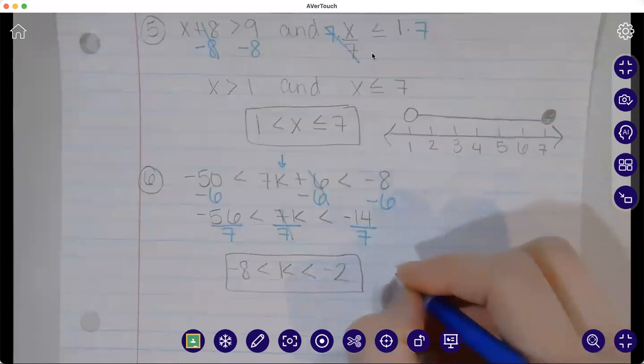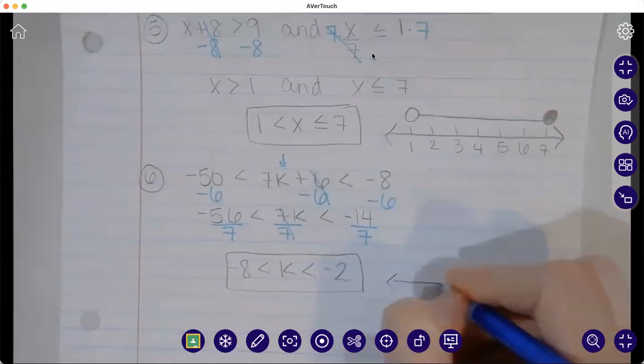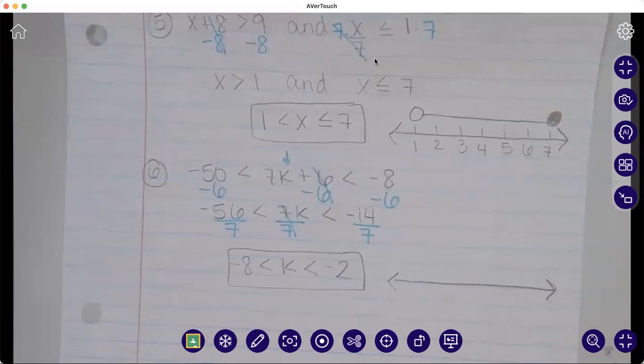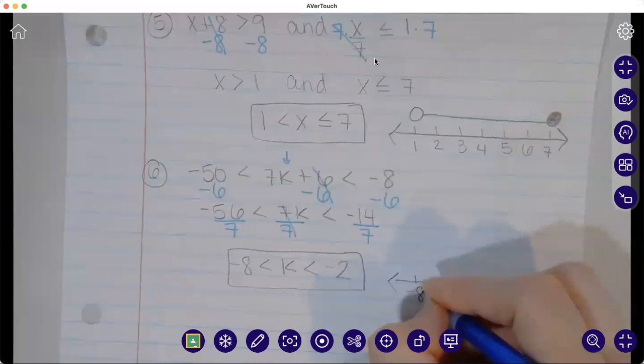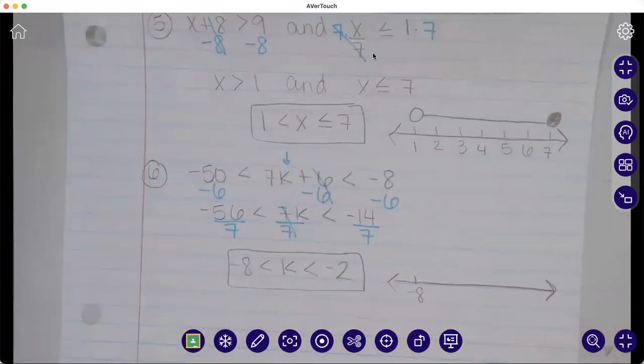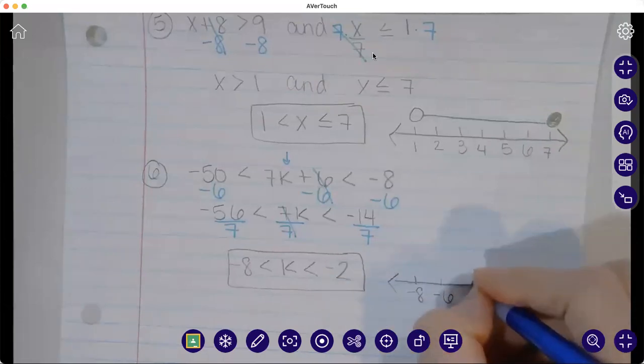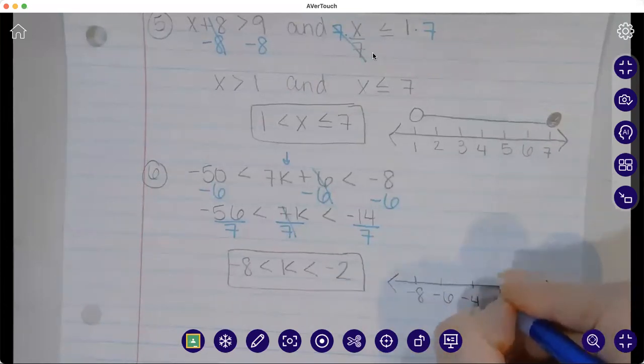Let's see what your graph should look like. Because we have some even numbers, we're going to use that to our advantage so that we can do fewer numbers. So starting with the smallest number and working my way up.